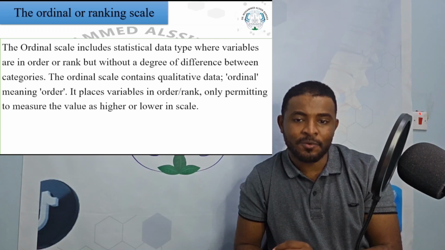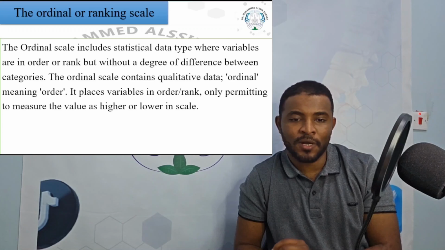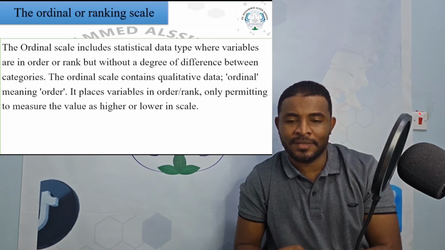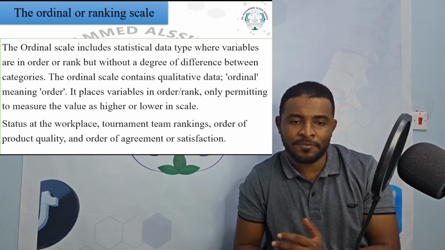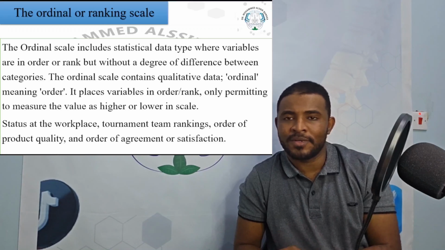It places variables into order or rank, descending or ascending, only permitting measurement of the value as higher or lower on the scale. For example, status at the workplace, order of product quality, and order of agreement or satisfaction.